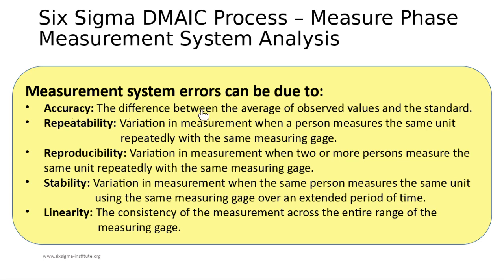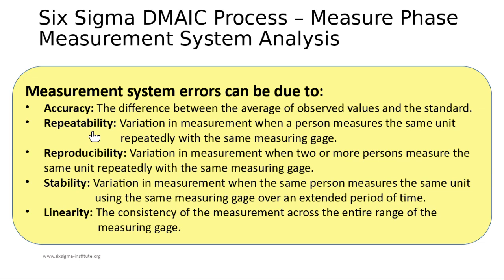That means the difference between the average of the observed values and the standards. If the data you collected is not meeting the standards, the observed data is not as accurate as the standard.